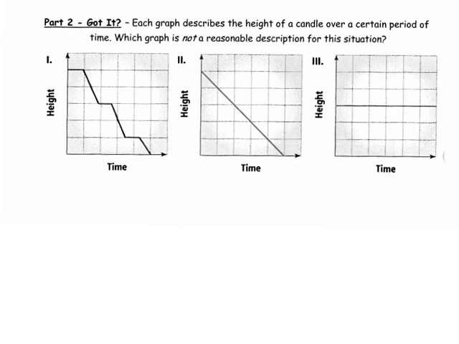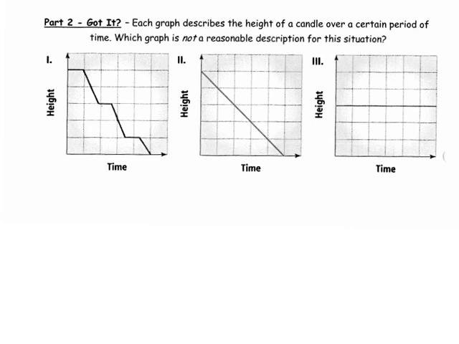For this last example, some students might argue about this a little bit, but we are going to assume that when you have a candle in your house, you sometimes burn it. If you never ever burn a candle, then that third example would be reasonable. But this one says each graph describes the height of a candle over a certain period of time.